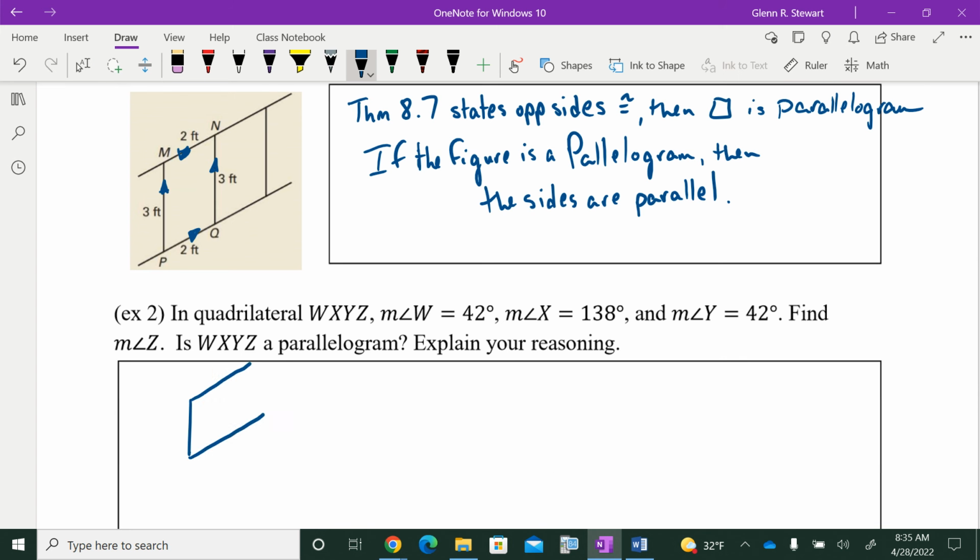I'm just going to make this a little bit slanted because of the way it gives those different measures. So W, we're going to say 42. X is 138. Y is 42. And then it wants us to find out what Z is.